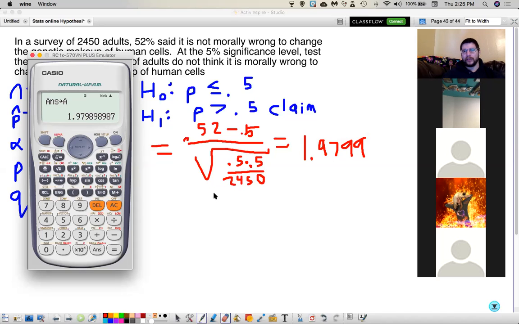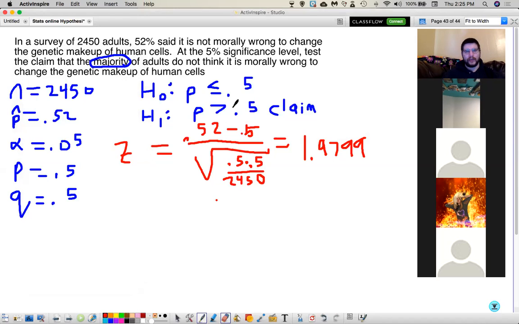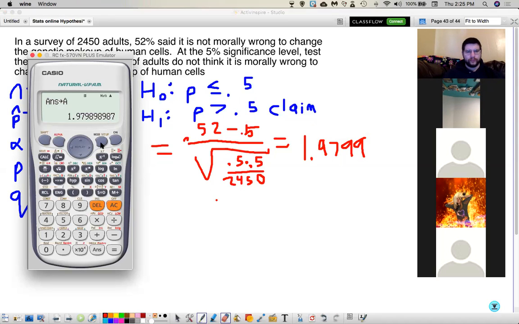From there, I'm going to get the p-value. So I need to look. The right tail test. I need the area to the right of this. So inverse normal CDF, A, infinity, leave those alone, and see there, it is A. That's the test statistic right there. 0.0239.